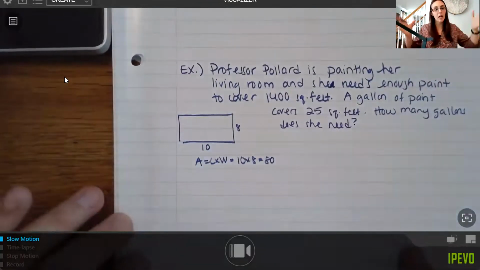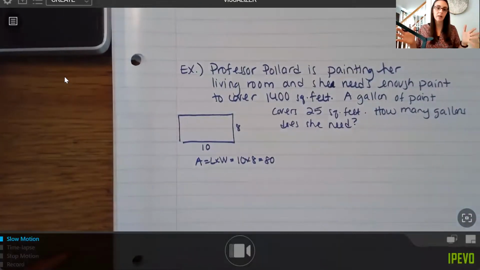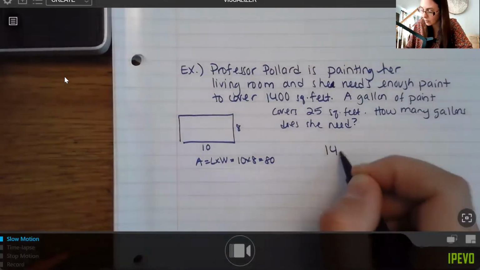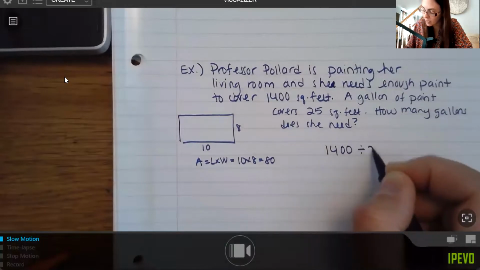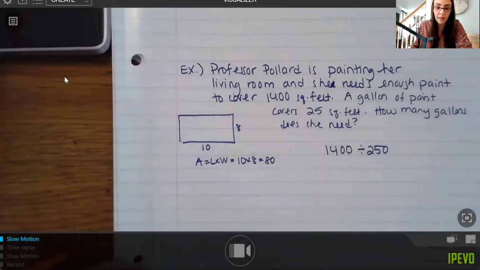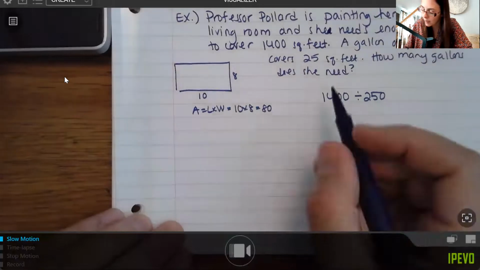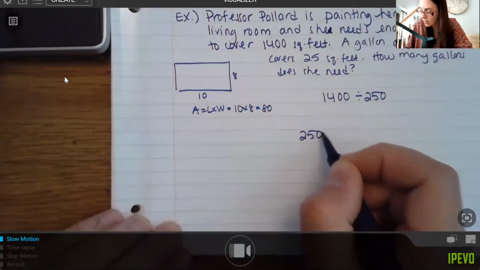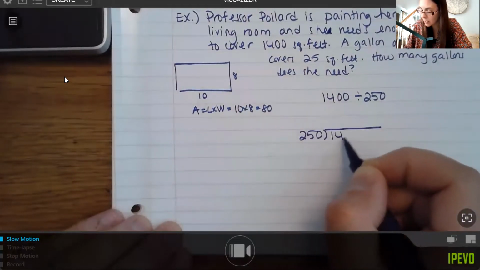So we need 1,400 altogether. I know that each gallon of paint will only cover 250. So I'm taking this total and I'm breaking it into groups of 250. So I have division here. So what we're looking for is taking that 1,400 and dividing it into groups of 250, because that's how long a can of paint will last. So I have the 250 goes on the outside and the 1,400 goes on the inside.